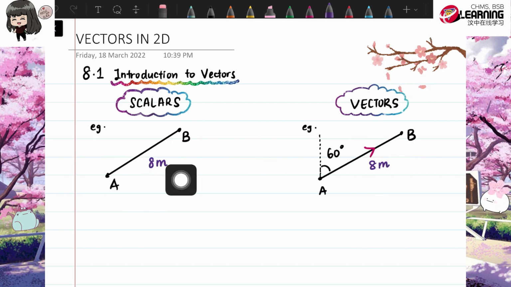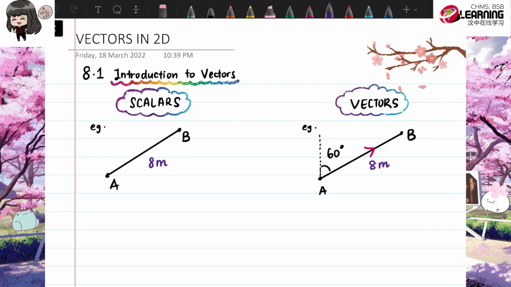Okay, so let's look at this example. I give you an illustration here. This line, right, A to B is 8 meters. This line also A to B, 8 meters. But then here I add on an arrow. Okay, you see the arrow here and you see a 60-degree bearing here. So what I can say about scalar is AB has a magnitude of 8 meters.